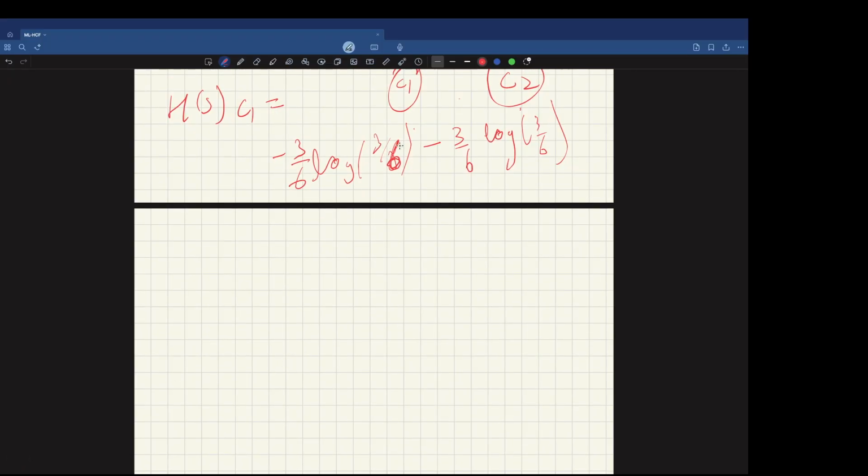If you calculate, that is nothing but 1 by 2, 1 by 2, 1 by 2. So what I am getting is minus half log base 2 half, minus half log base 2 half. This is minus of minus, the same thing.